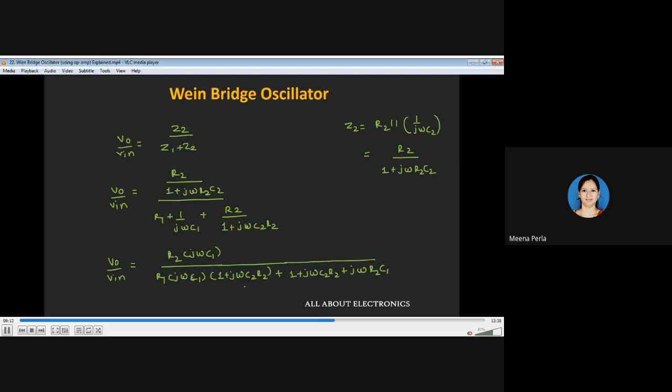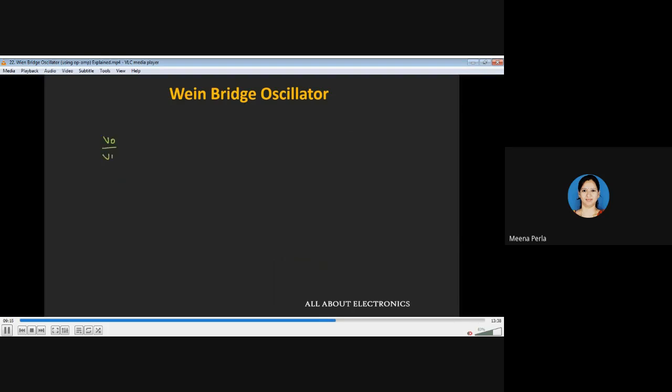We can further simplify and get Vout by Vin equal to j omega R2 C1 divided by 1 minus omega square R1 R2 C1 C2 plus j omega times R1 C1 plus R2 C2 plus R2 C1. So this is the equation of Vout by Vin.